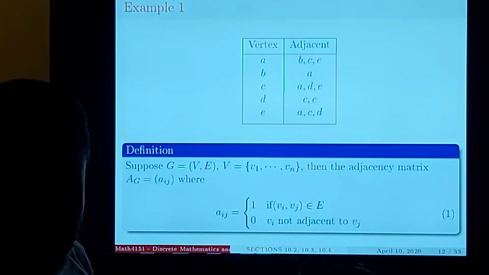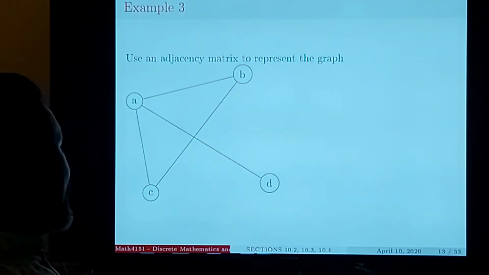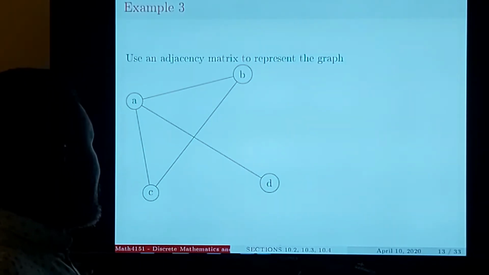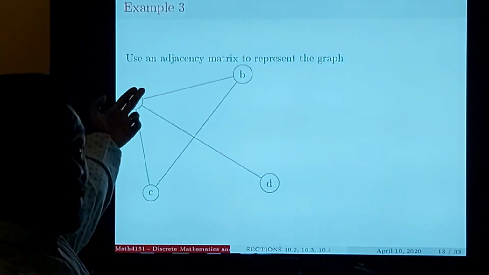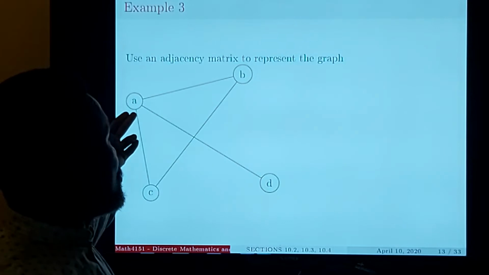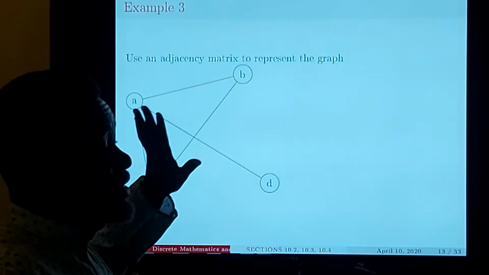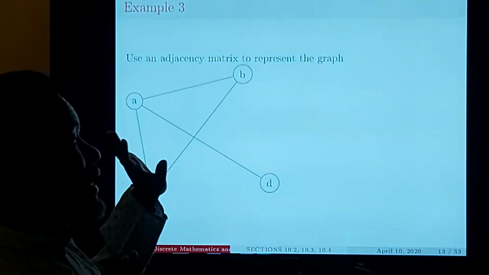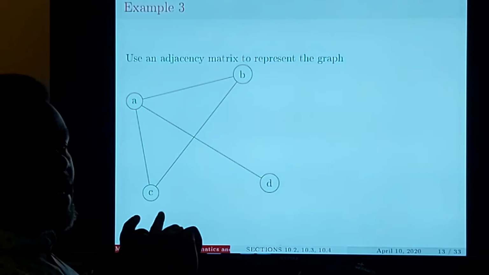That's it. Example, use an adjacency matrix to represent the graph. Now, the graph you're given here is this one with 4 vertices. A is not adjacent to itself. Remember, there are no loops here. So you just write a matrix. Now the adjacency matrix will be, you can list in terms of A, B, C, D, A, B, C, D. Then you just write, is A adjacent to A?